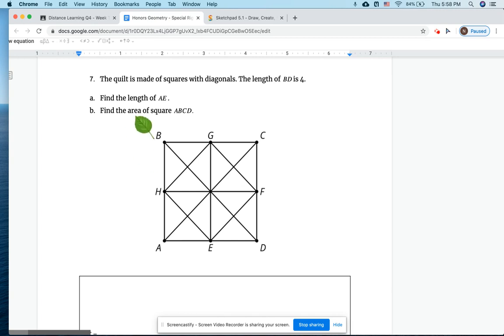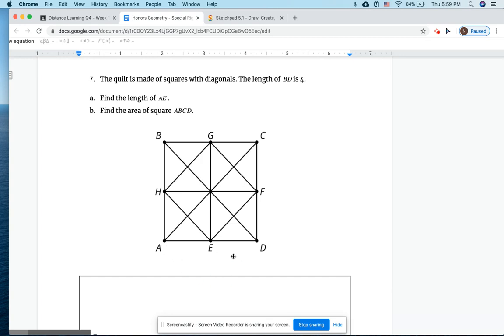And to find the area of the square ABCD, we're going to figure out what AD is. And again, we do that by taking BD, which is 4, and dividing by the square root of 2. So we take AD and we multiply it by AB, which is also going to have the same length as AD, because this is a square.